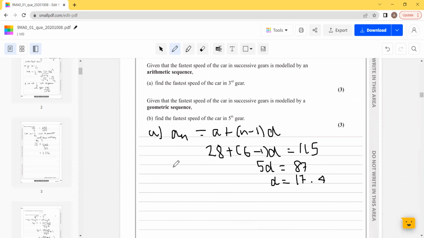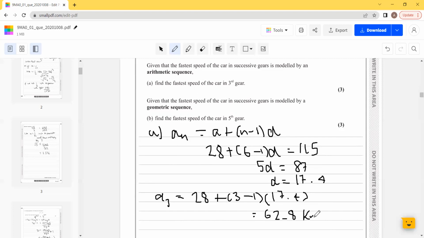Now to find the fastest speed in third gear, I can do a3 is equal to 28 plus 3 minus 1 times 17.4. So 34.8 plus 28, which is 62.8 kilometers per hour.